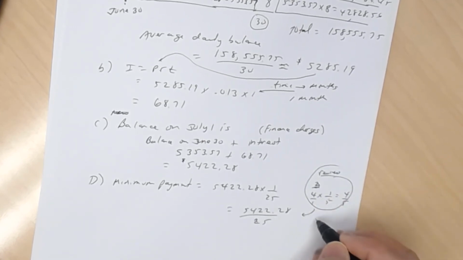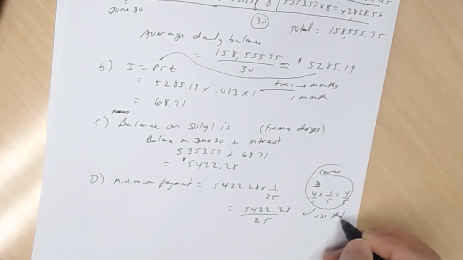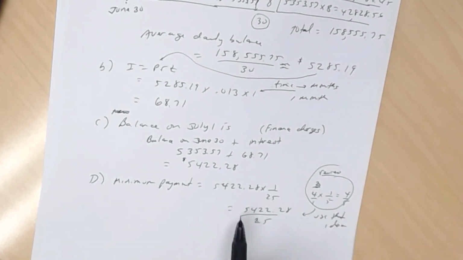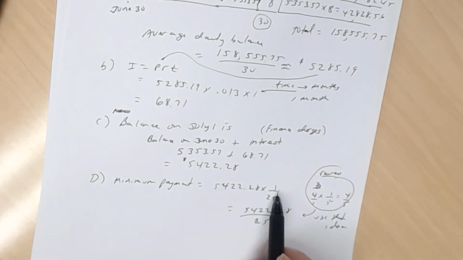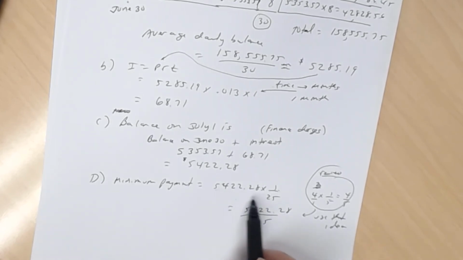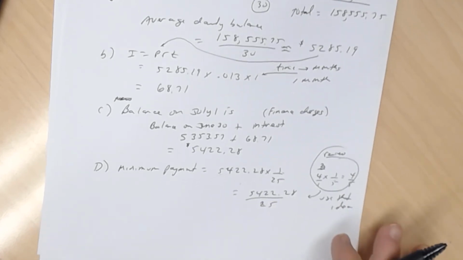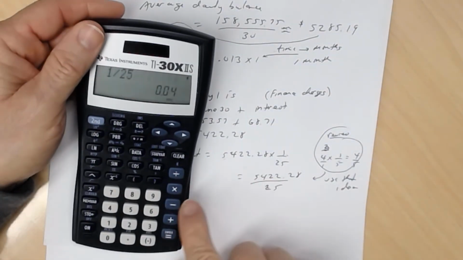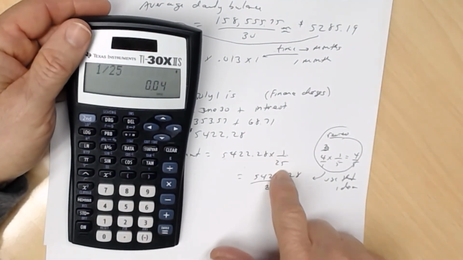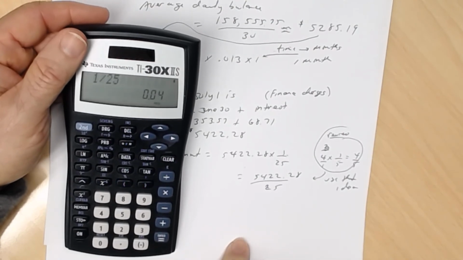So you can use that idea here. This number is that number divided by 1, so multiply the numerators together, 1 times 5 is 5, and the denominators, 1 times 25 is 25. Even if you didn't see this, you could just say this times 1 and then divide by 25. That's all you do.